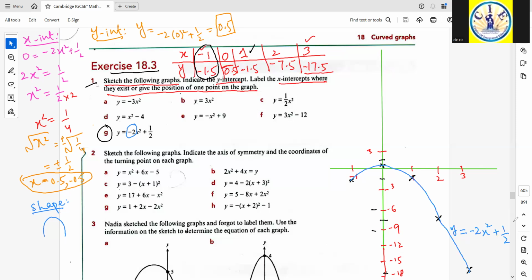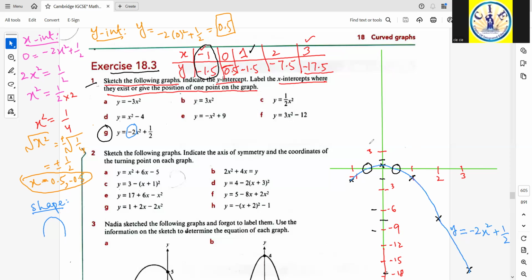And since we had to label the x-intercepts and the y-intercepts, let me label them with this. This is one of the x-intercepts.